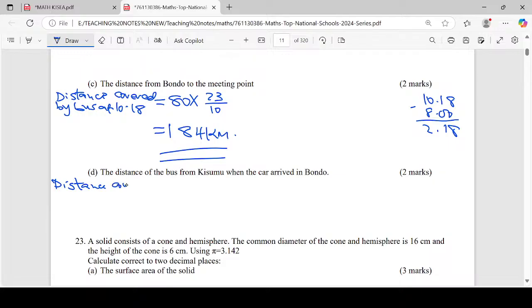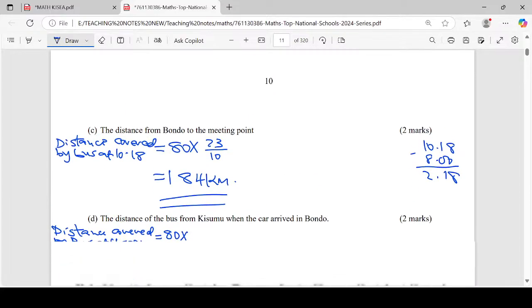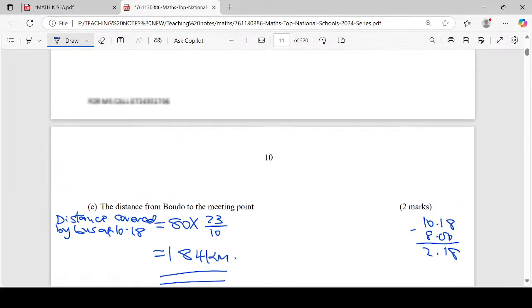Distance covered by the bus at 11:50 a.m.: the speed of the bus is 80 times the time.